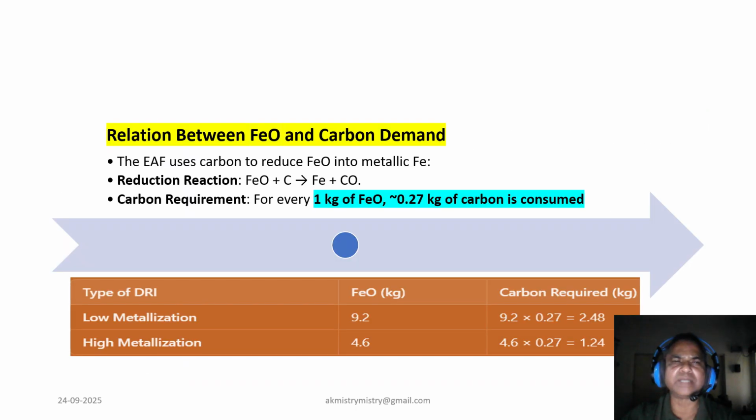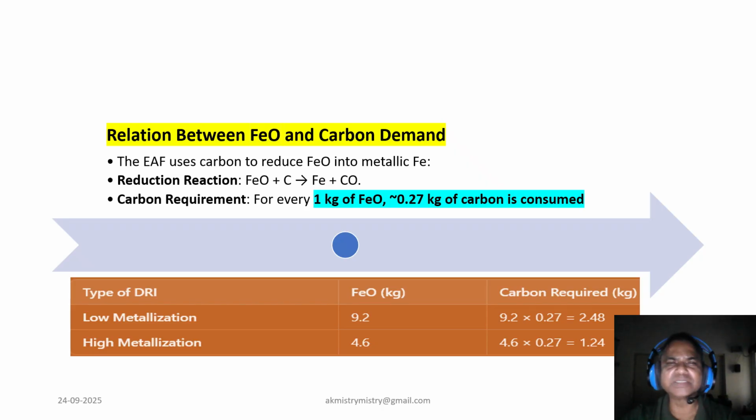So let's quantify the impact, which is very important, and it is already clearly shown to sensitize the team. Regarding carbon demand, for every 1 kg of FeO, approximately 0.27 kg of carbon is consumed.